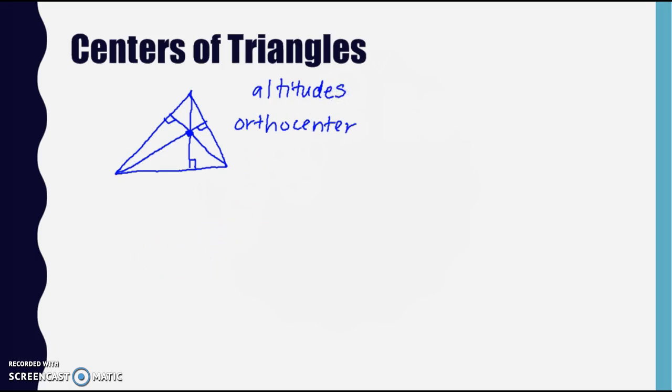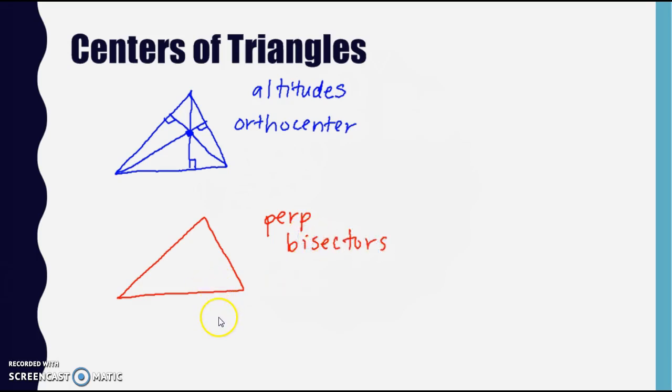Right, our second one, or another one, is the point where, let's get my triangle drawn, the point where our perpendicular bisectors intersect. So remember, a perpendicular forms a 90-degree angle, and bisector means it cuts it in half, and it's talking about cutting the segments in half, or each of our sides.